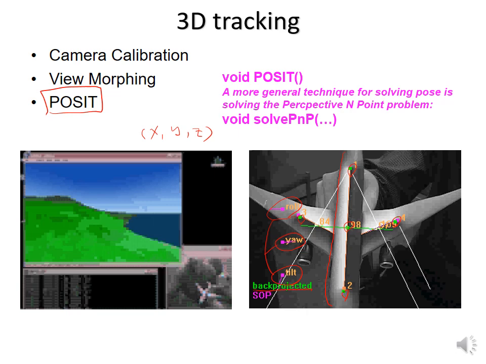So it is quite similar to the real and the estimated position. The yellow one is the real position, and the green dots are the estimated pose of this airplane.